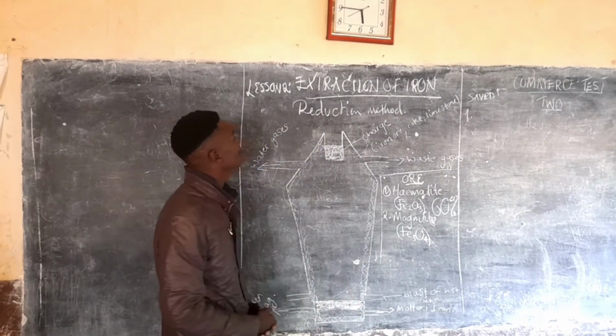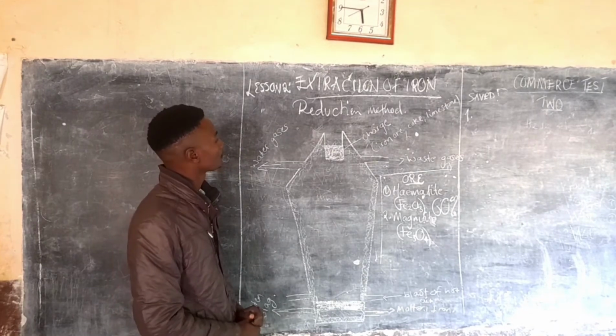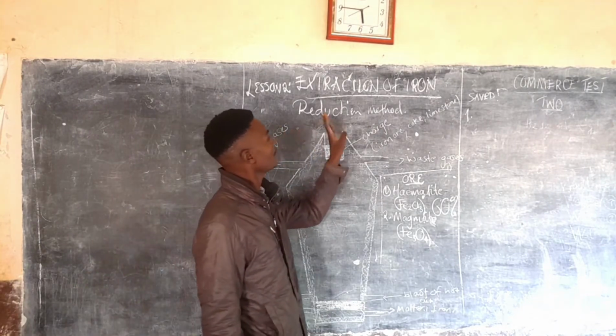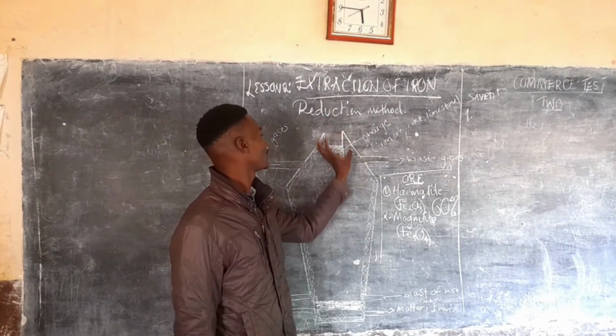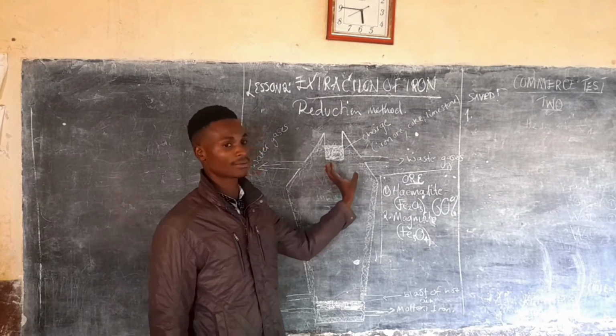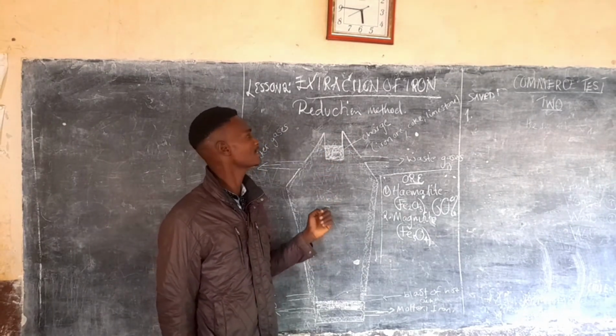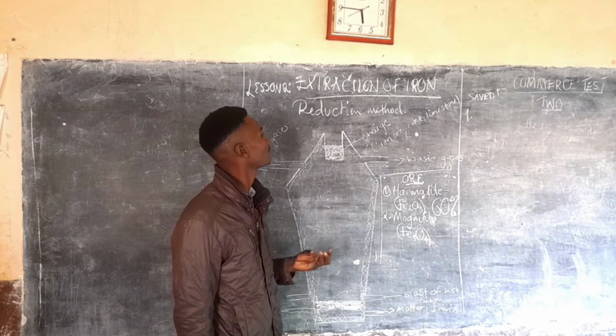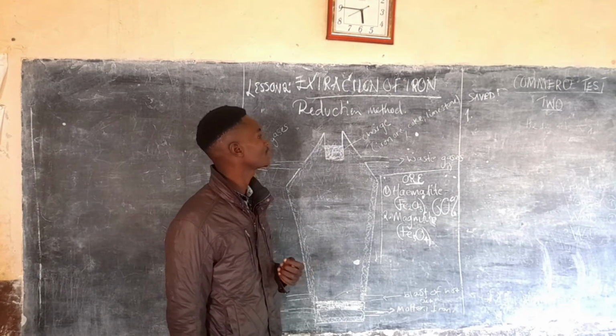So now, iron is extracted in the furnace called the blast furnace. The blast furnace is just a metal tower of about 30 to 40 meters tall.